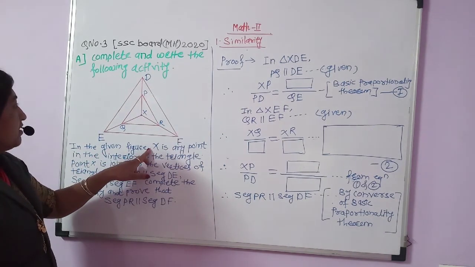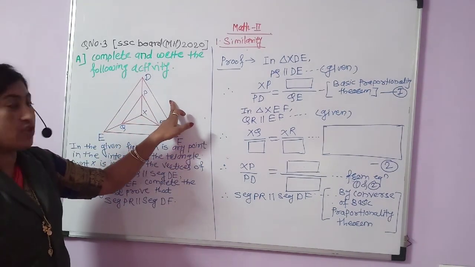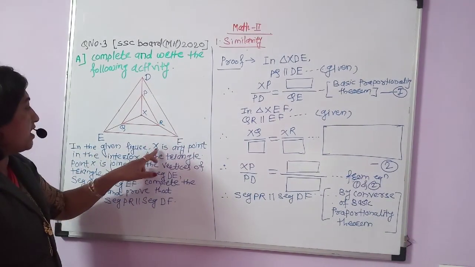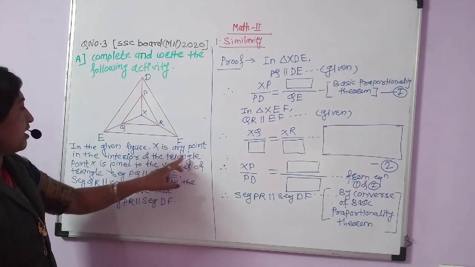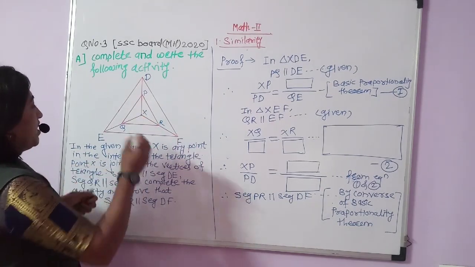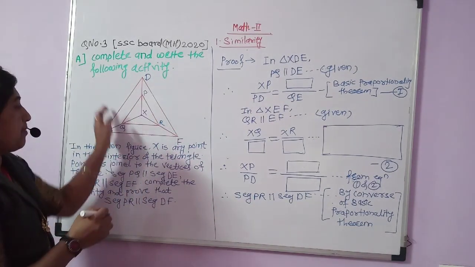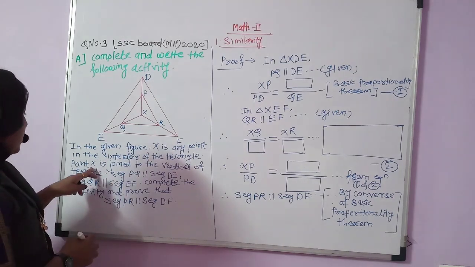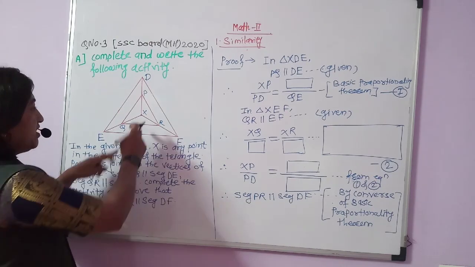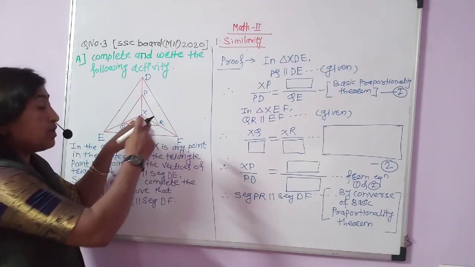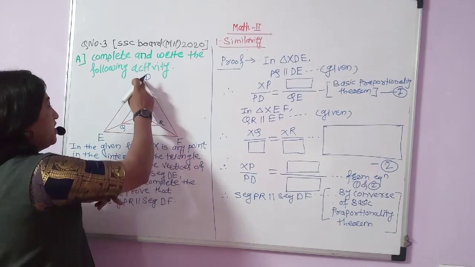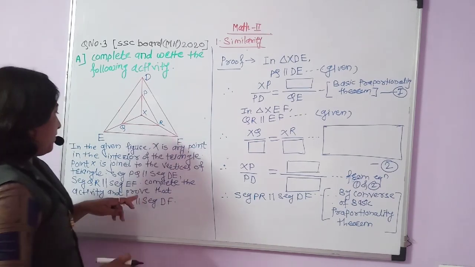In the given figure, this figure was given in the paper. In the given figure, X is any point in the interior of the triangle. This is the point X, which is in the interior part of this triangle. Then point X is joined to the vertices of the triangle, that means this point X is joined to each vertex of this triangle DEF.